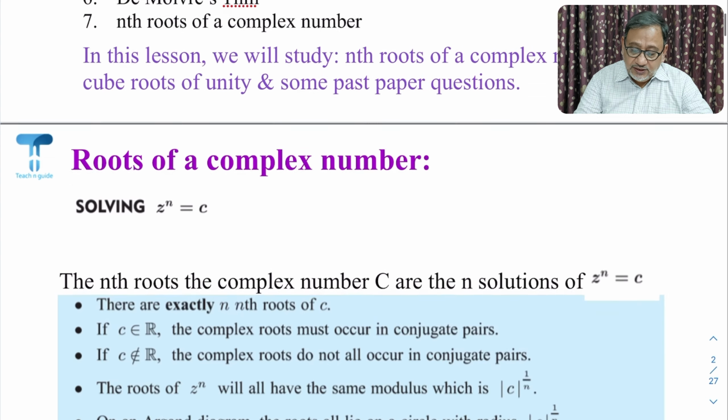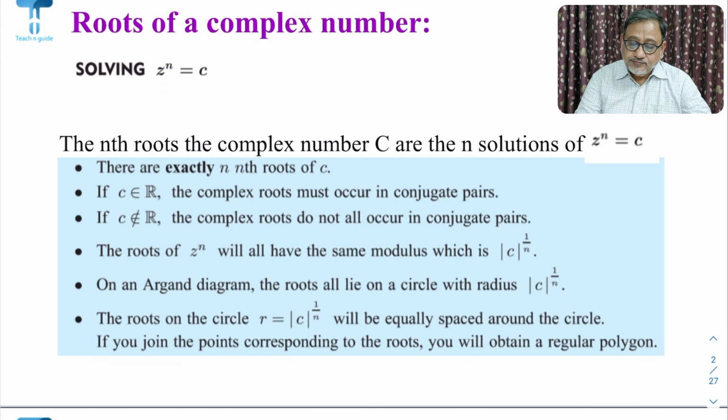Okay, then let us start. Roots of a complex number, we already discussed in the last lesson, but again I will revise. So solving z to the power n is equal to c. The nth roots of the complex number c are the n solutions of z to the power n is equal to c.